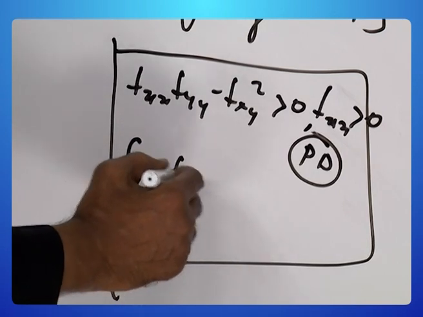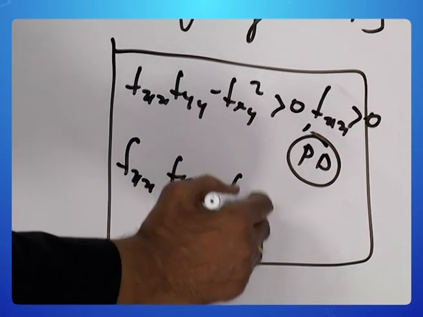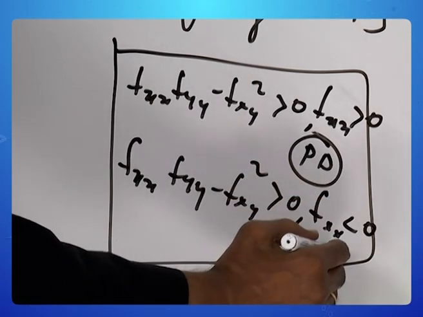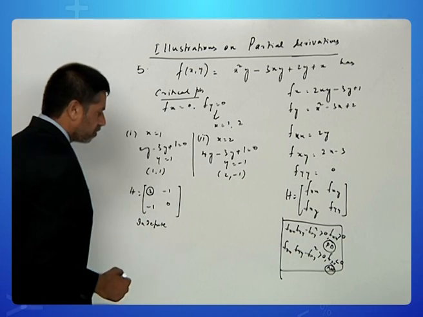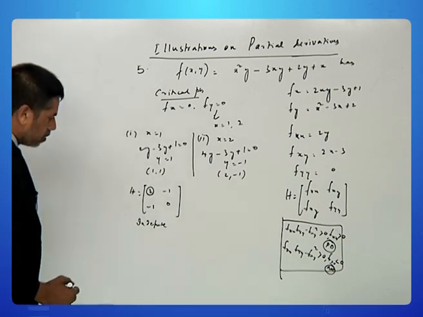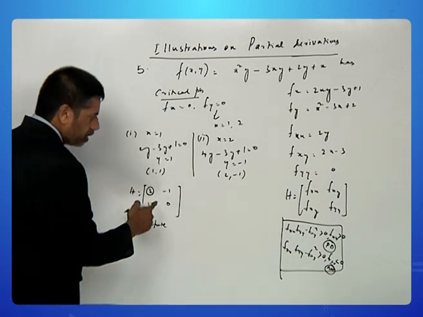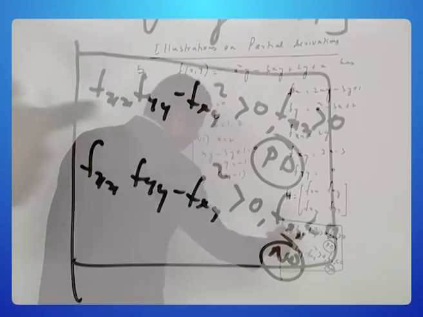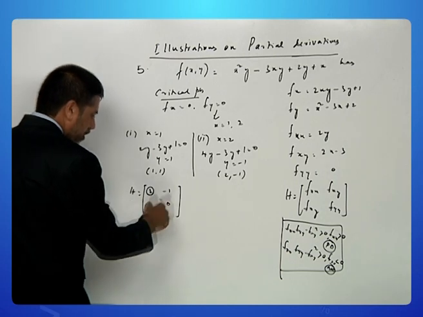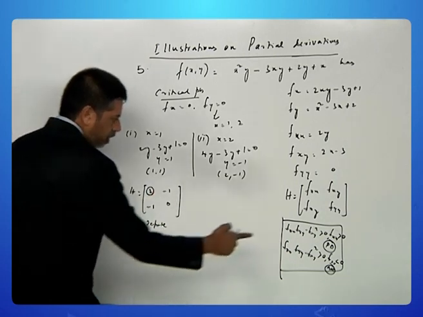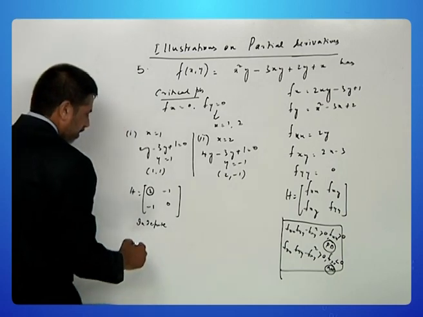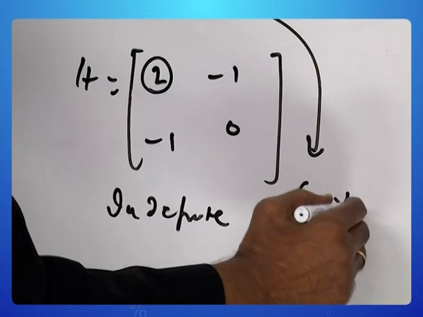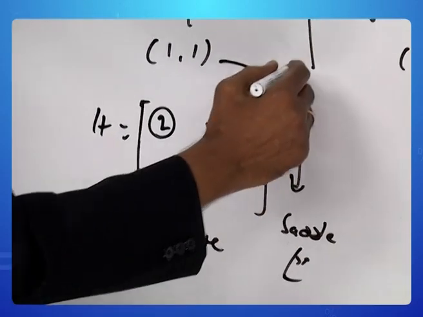And fxx, fyy minus fxy whole square greater than 0, fxx less than 0 makes it negative definite. Now if you look at this particular thing, fxx is positive fine, but fxx into fyy minus this product makes that not positive. Therefore, it is indefinite. So this is a saddle point. Definitely not giving a maximum or minimum.